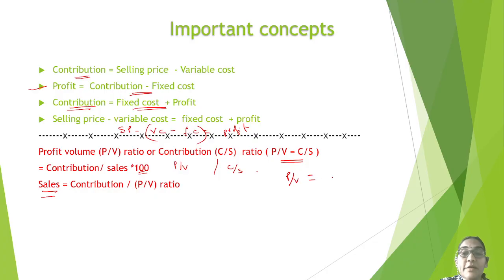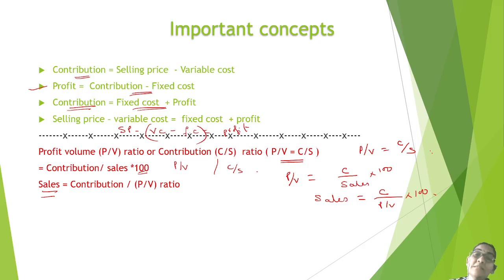Remember, PV ratio is equal to contribution upon sales into 100. So if you want to find out the sales, then you rearrange this, and sales is going to be contribution upon the PV ratio into 100, right? PV ratio is same as contribution to sales ratio.